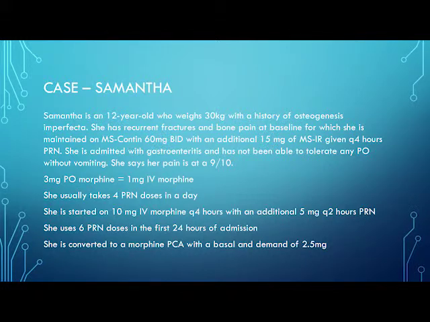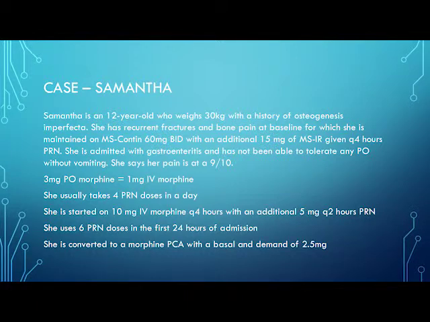A PCA is great because we can control the basal, the amount that's going in all the time. We can control the demand doses, the amount that they get when they feel like they need something extra. And the interval between, we can see exactly how much they're needing and make more fine dose adjustments.